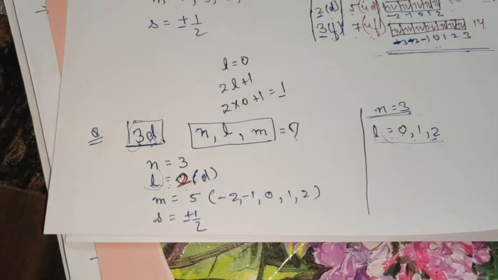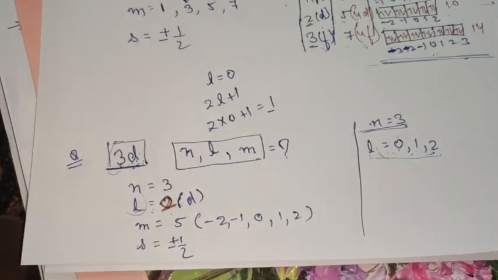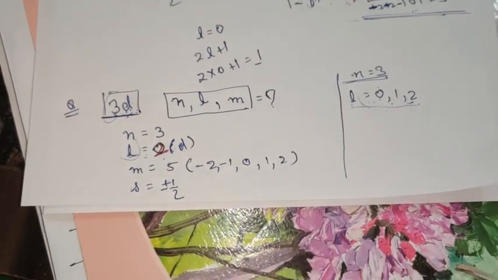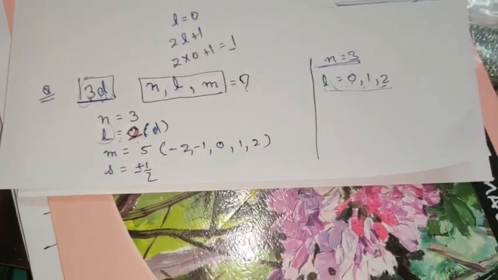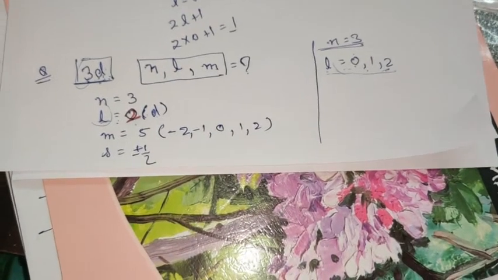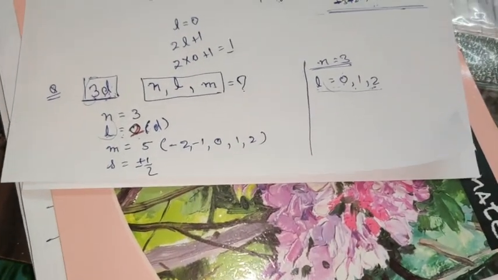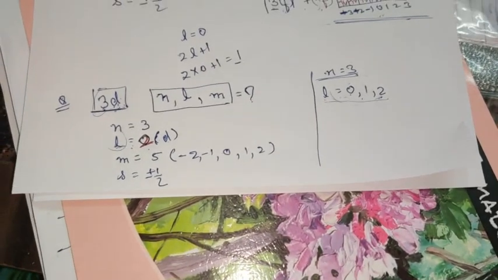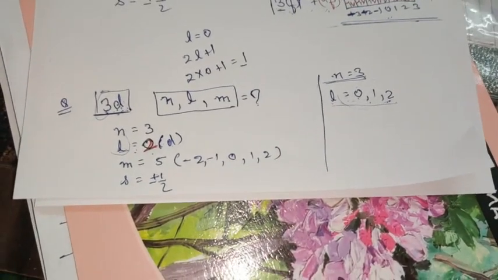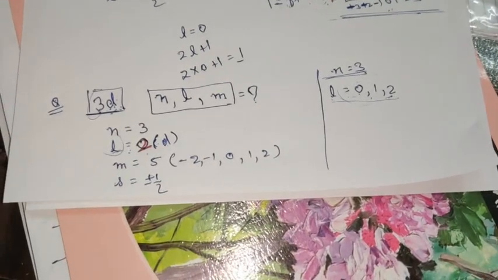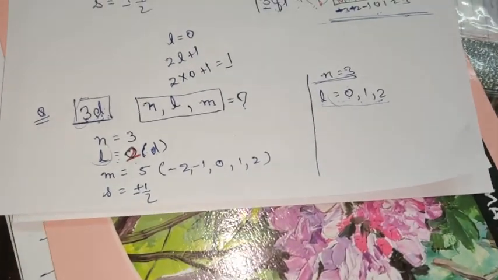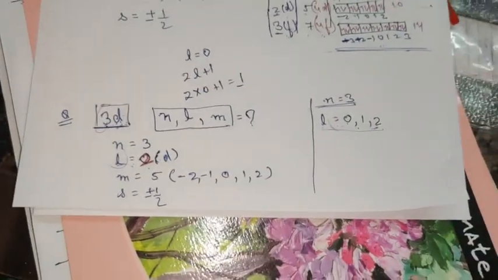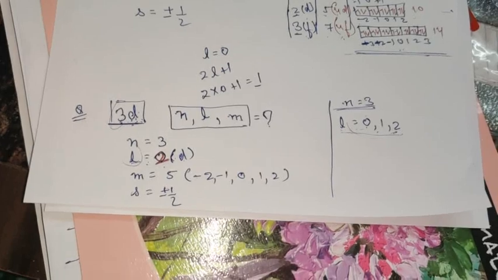The first thing he'll do is reach your home, then the room in which you are present, and to be more specific, he will locate the furniture on which you are sitting. Then he will try to find out your orientation, how you are lying there, sitting, sleeping, whatever your position is. In this way he will have your complete information. So this is what we get to know from quantum numbers.